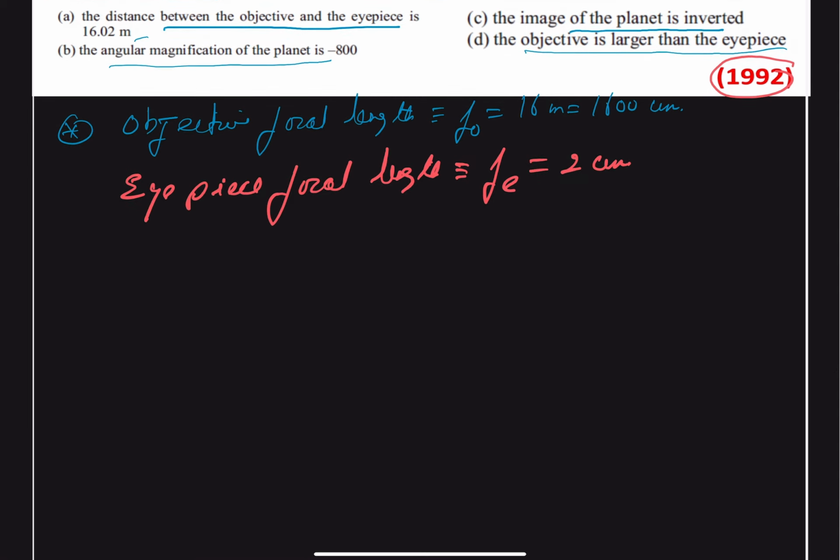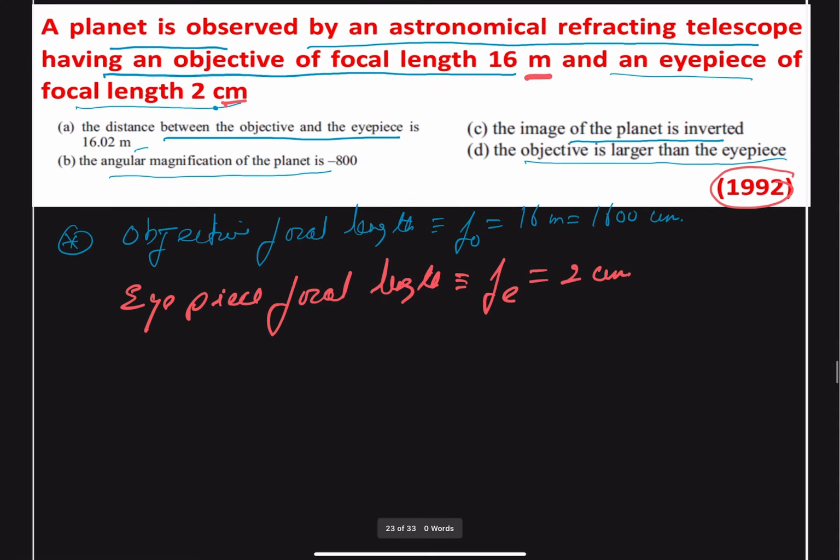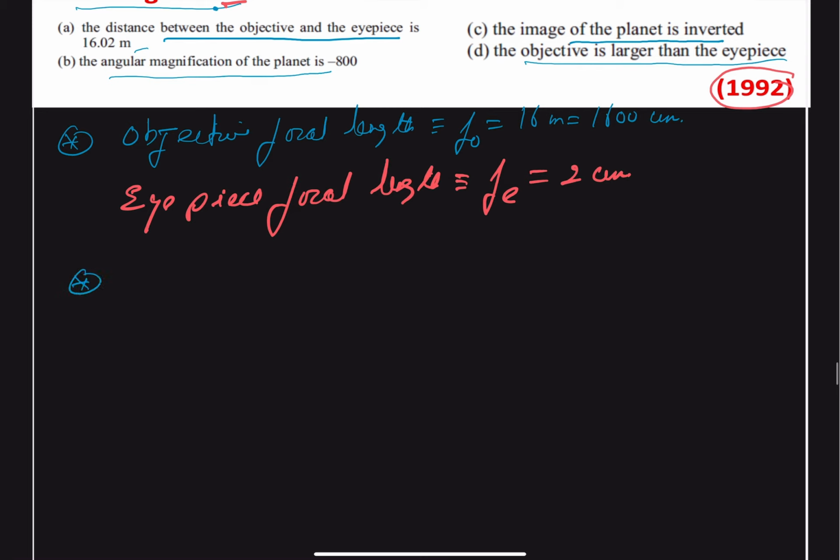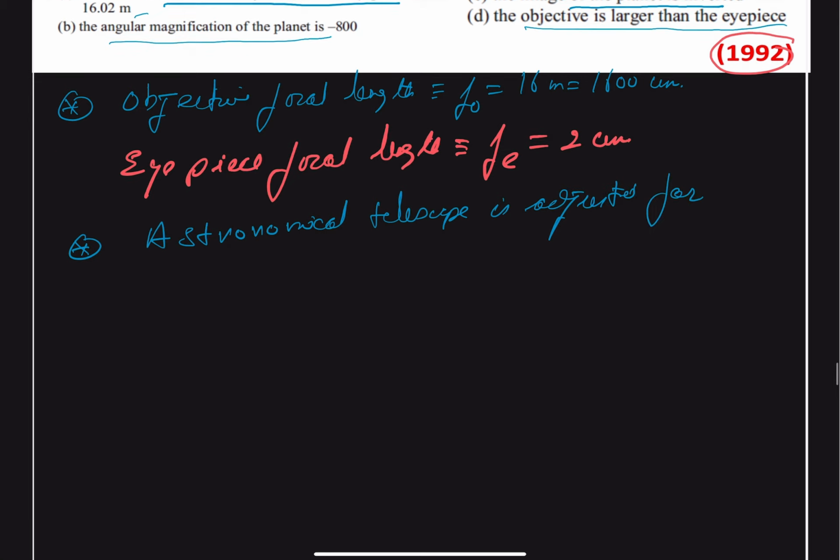the astronomical telescope is used to view a planet. The planet is very far, therefore we can presume that the astronomical telescope is adjusted for normal viewing.